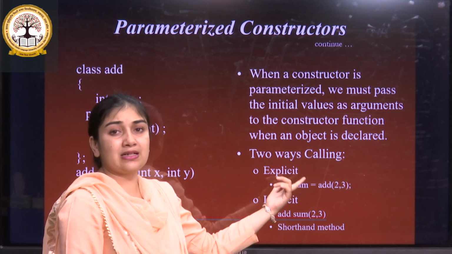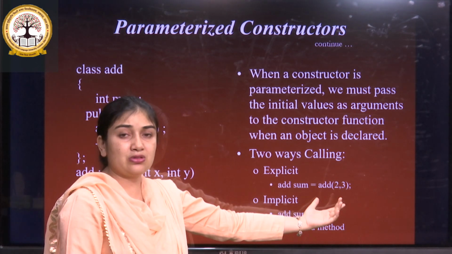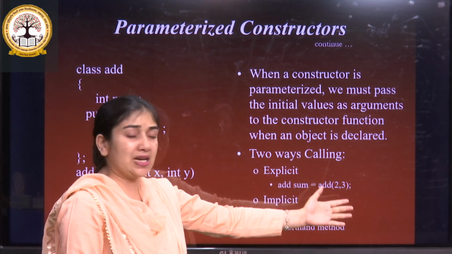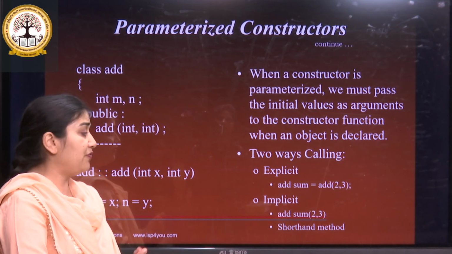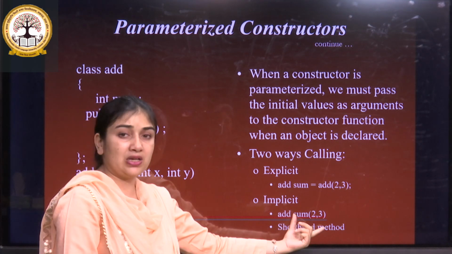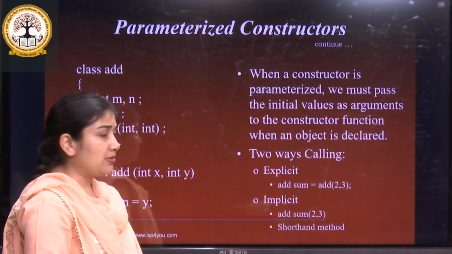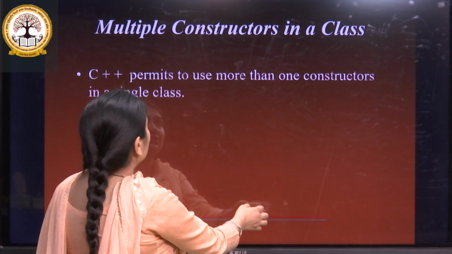An explicit call passes the values in place of the parameters, as add sum = add(2, 3). If we do it implicitly, we write add sum(2, 3), calling the function by passing values to the members of the class. This is termed a shorthand method.